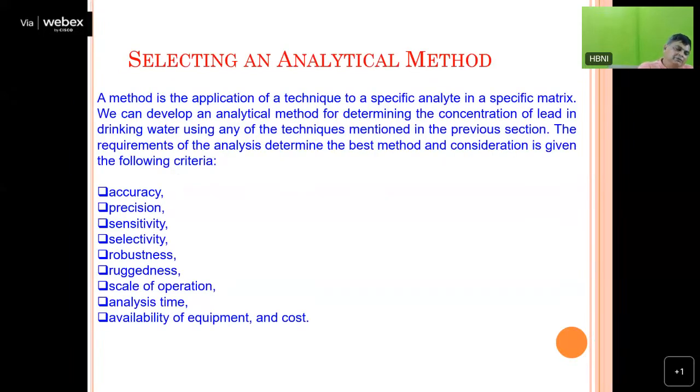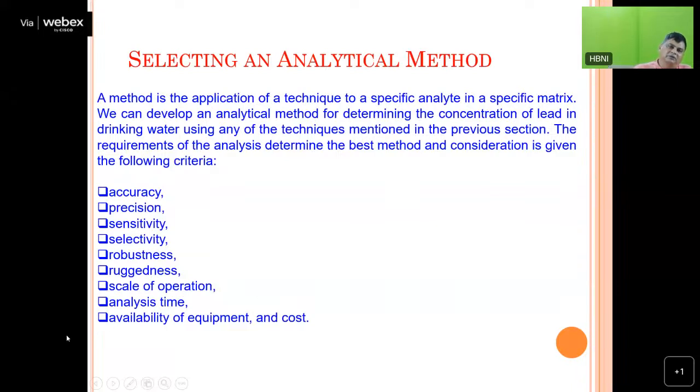Whenever you are given a sample for any kind of analysis, how does the analyst choose a technique? It depends on different parameters: accuracy, precision, sensitivity, selectivity, robustness, ruggedness, scale of operation, analysis time, and availability of equipment and cost. The last two are also very important.